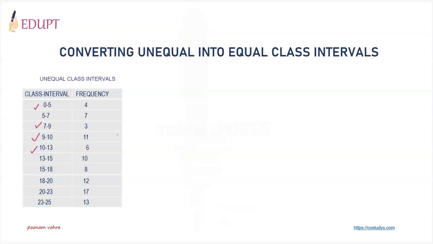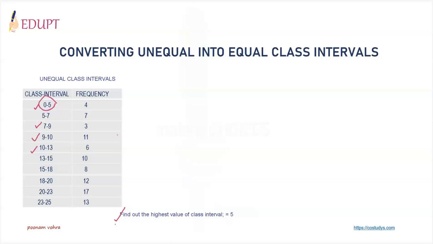Now we need to convert these class intervals into equal class intervals. So how do we do that? We need to take a few steps. The first step is to find out the highest value of class interval, which is 5 in this case, 0 to 5. In all other intervals, it is not 5 or more than 5.